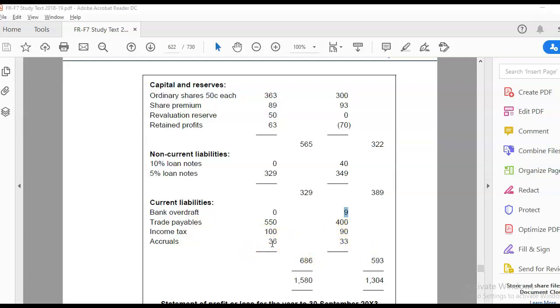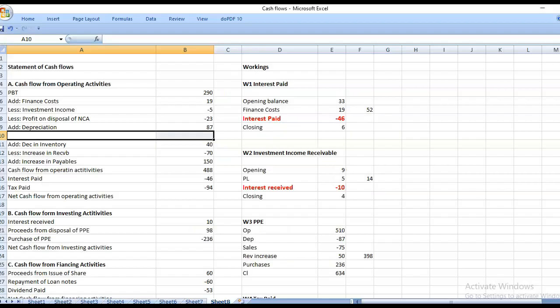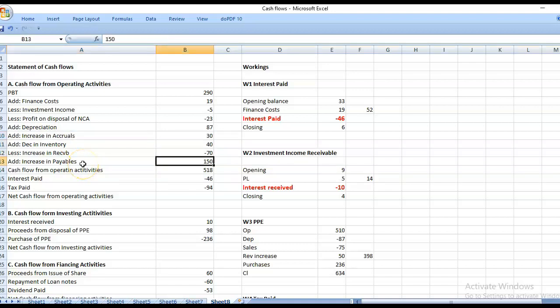Now this must have been charged as an expense in P&L, and I want to remove the impact of this non-cash expense. So to remove the impact, I'll have to add it back. Add back 30. Okay. So add increase in accruals, that is 30. Sorry.